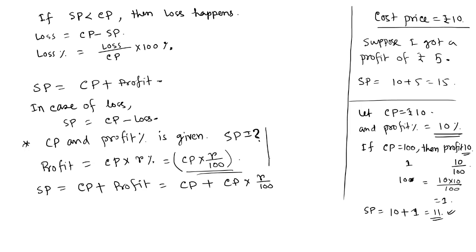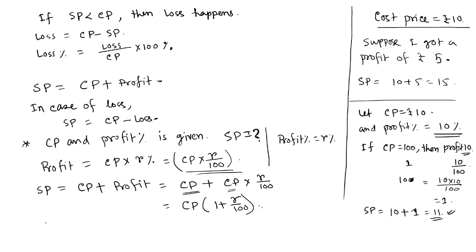Let me write it here. Profit percent equals R percent. Therefore, if you take CP as common, CP becomes CP into 1 plus R by 100. So, this is the formula for the SP.